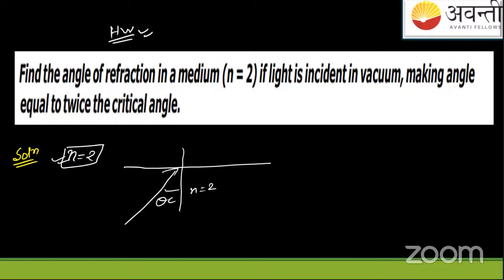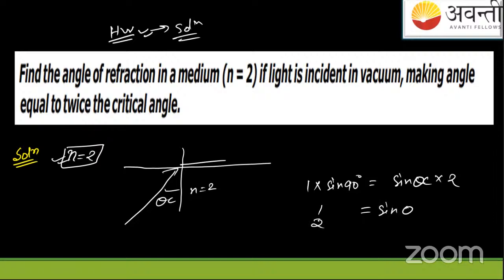So theta c for this will be 1 into sine 90 degree equals sine theta c into refractive index 2. So this will give you sine theta c equals half, so theta c equals 30 degree. So you get the critical angle is 30 degree.